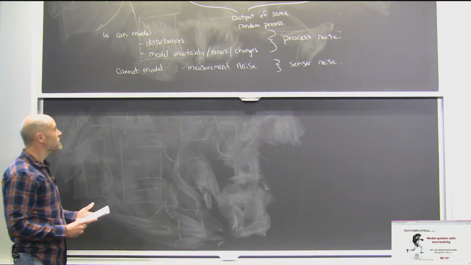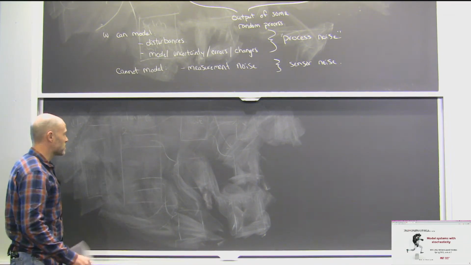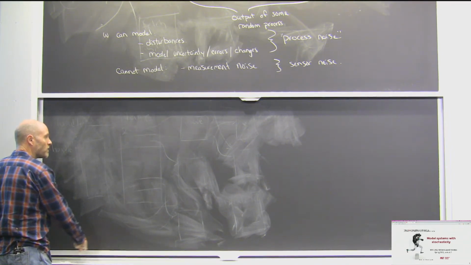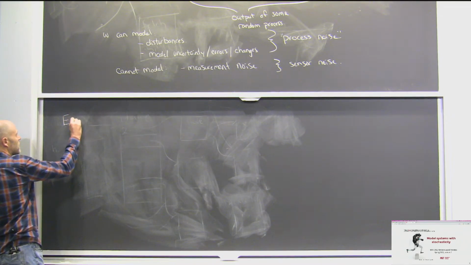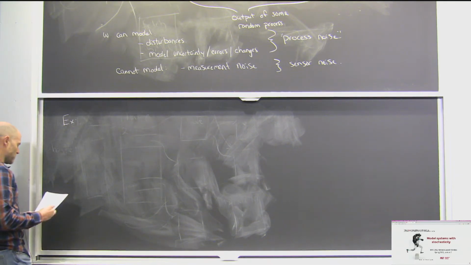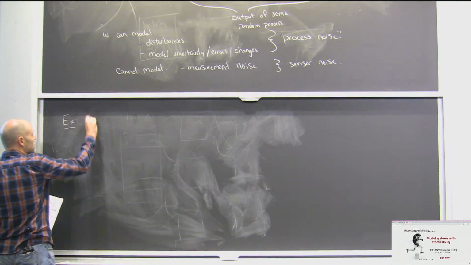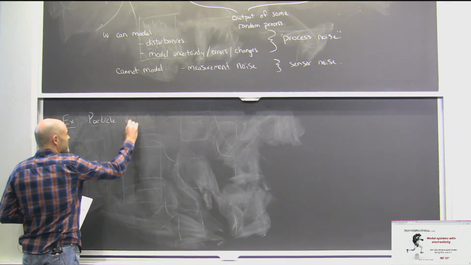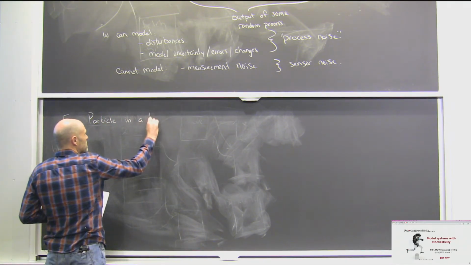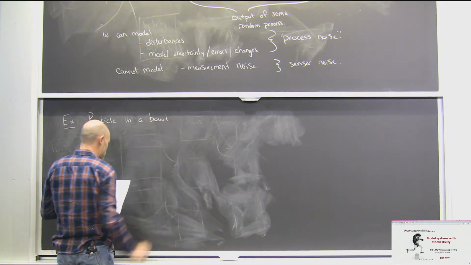So let me just start by the simplest sort of example, and I'll do it with a physical model instead of the typical simple equations. Okay, so let's think of a particle in a bowl, let me say, in a potential well, but I'll just call it a bowl here.